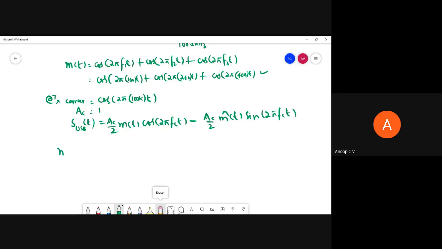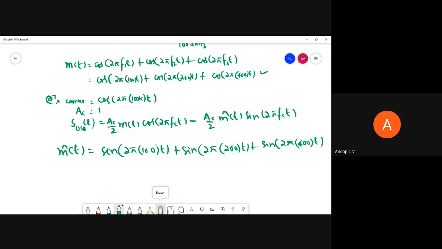So m cap of t here will be sine 2 pi times 100t, not 100k, it is 100 only, plus sine 2 pi times 200t plus sine 2 pi times 400t. This is m cap of t.